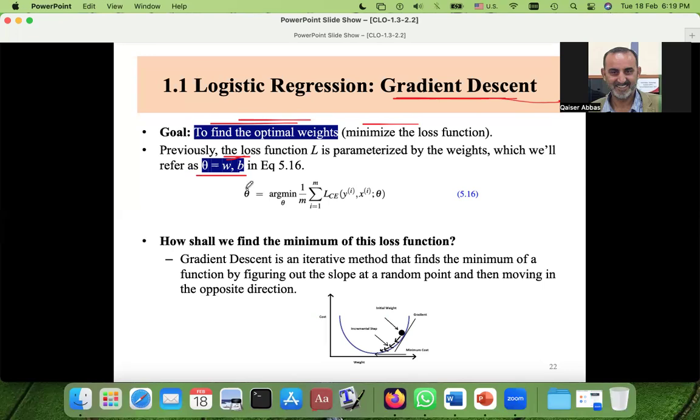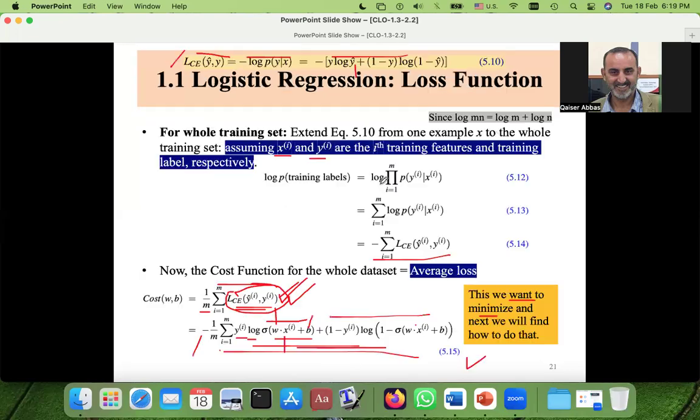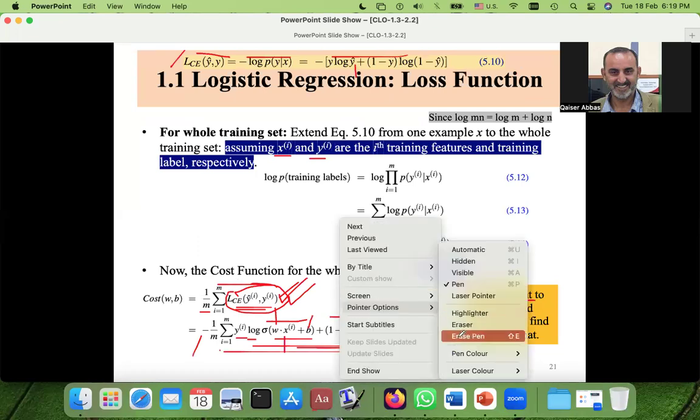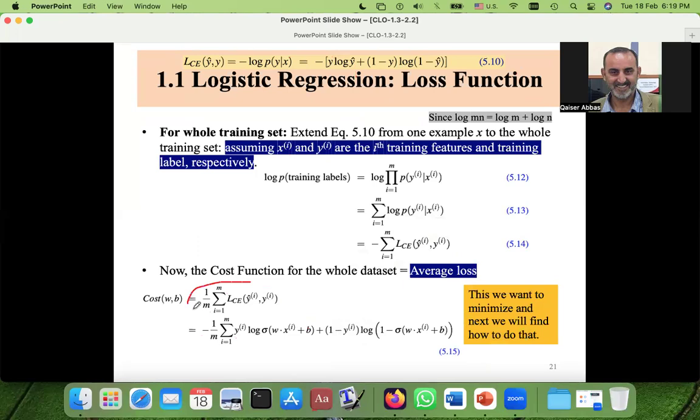So if I use this theta, then my previous equation, this short form, will be 1 over m sigma L of y cap and yi. Here the W's and B's will become theta.